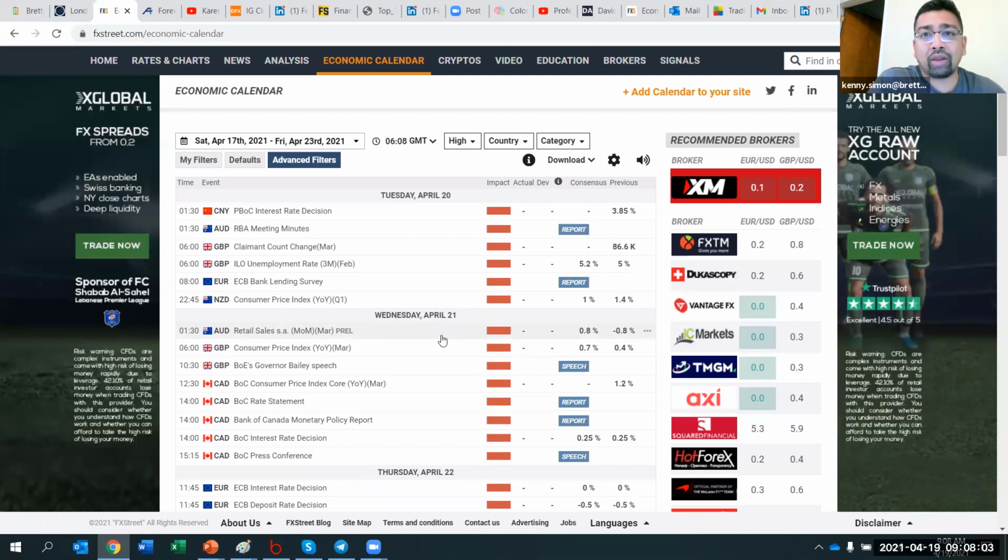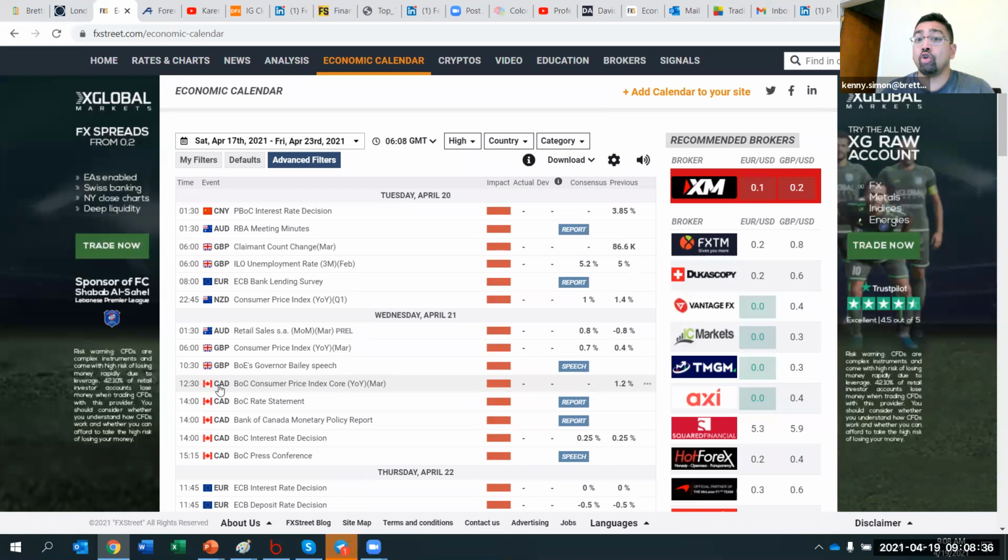On Wednesday, the 21st of April, we're looking at a very good list of events concerning Canada. It starts with the CPI, then the Bank of Canada's rate statement, the monetary policy report, down to interest rate decisions, and also the meetings, press conferences and all that. That would create more volatility for the Canadian dollar and its crosses.